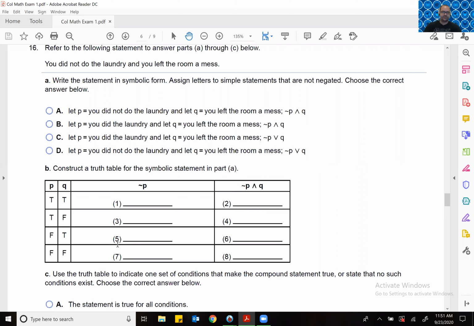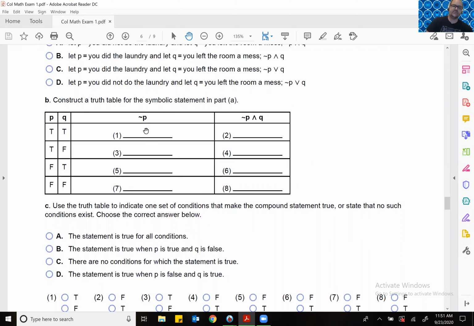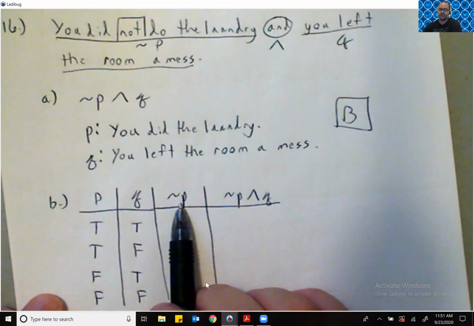And in this truth table, it is also a drop-down menu. So you either drop down and select true, or you drop down and select false. For the first question, I'm guessing I put false because it's negated. Okay. So we're going to negate the P first, right?